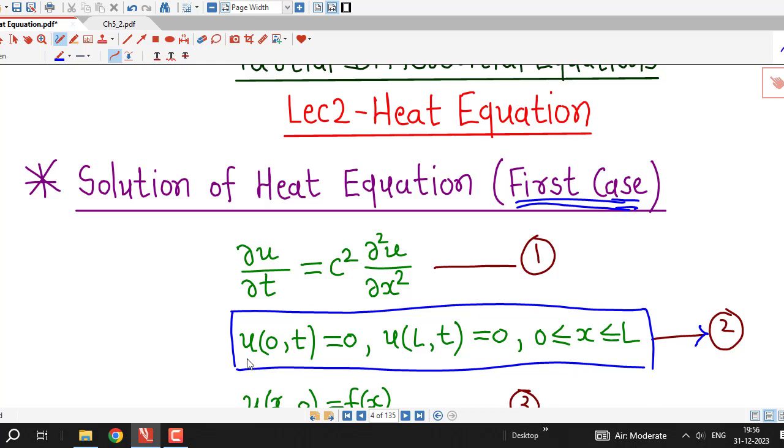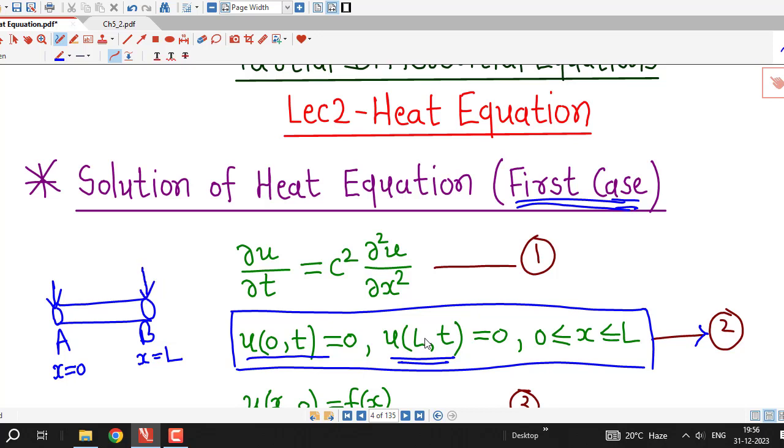That means value of temperature at end points of the given metal rod or metal bar is 0. We consider that at ends say A and B, suppose at this end value of x is 0, and suppose at this point value of x is L, then we assume that temperature is 0 at x equal to 0 and at x equal to L for all values of t.